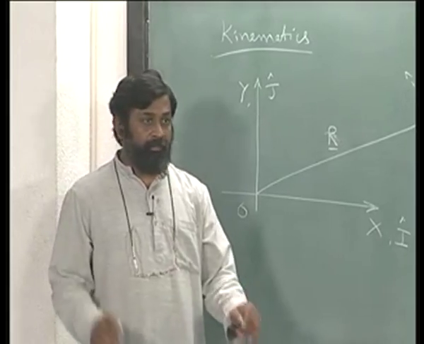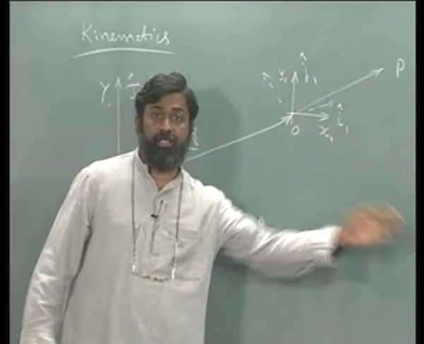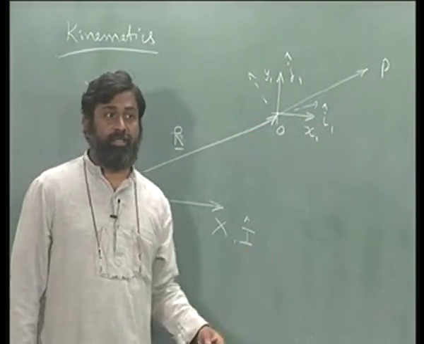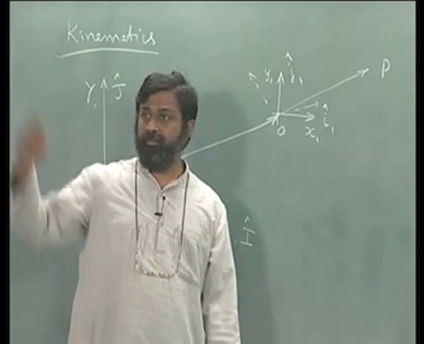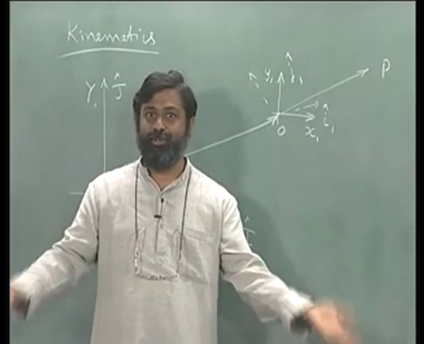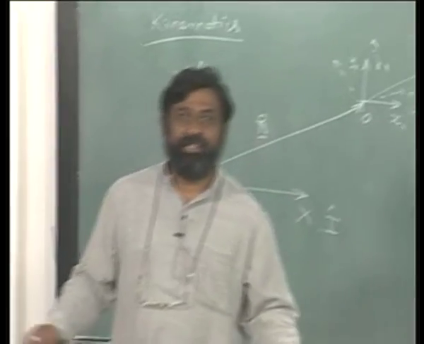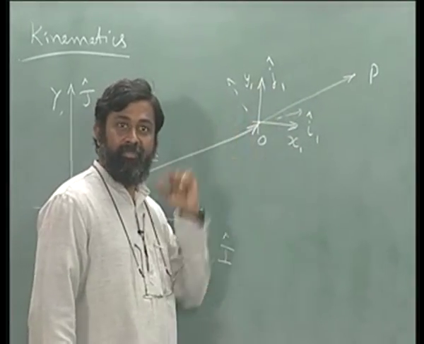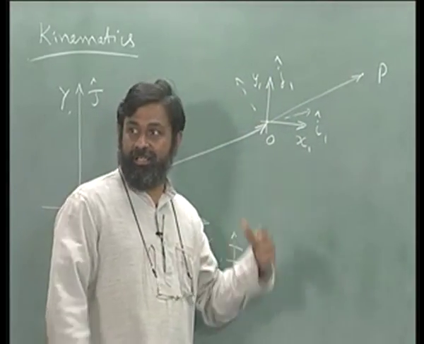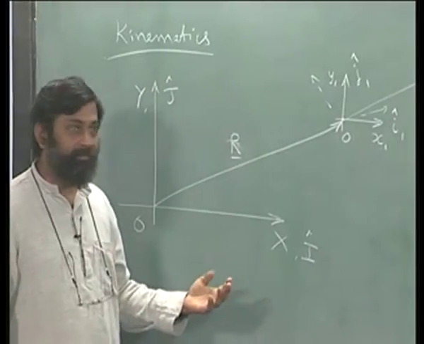There could be multifarious moving frames. For example, I could be in Chennai and there is a vehicle moving, inside there is this studio, let us say, and I am moving around within this studio. So, I have one frame which is Chennai, that is moving with respect to the fixed frame.